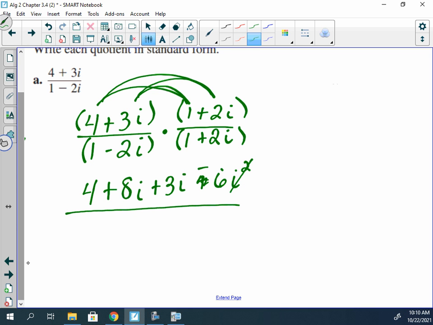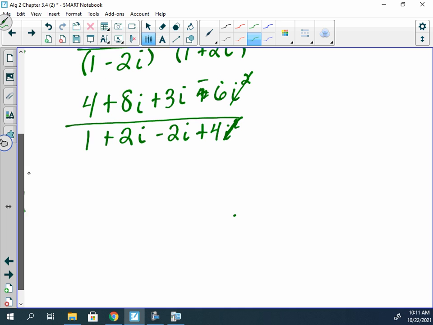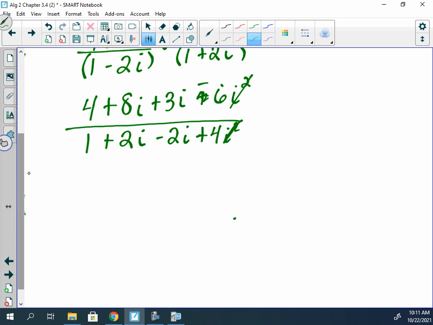Now in the denominator, we have 1 times 1, which is 1, times 2i is plus 2i. Negative 2i times 1 is negative 2i. And negative 2i times 2i is negative 4i squared, because the i squared is just negative 1, and negative 1 times negative 4 is plus 4.